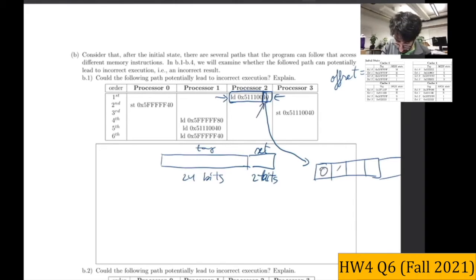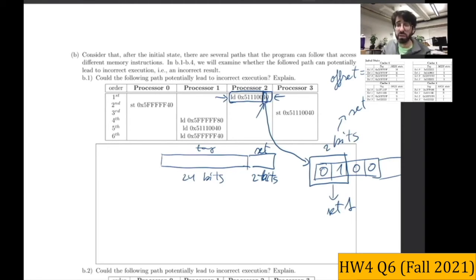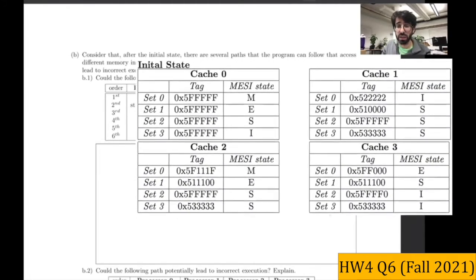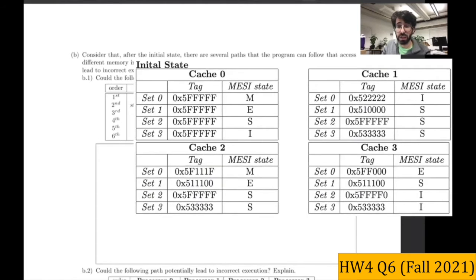This is basically 1, 0, 0, 0, and these first 2 bits are the bits that represent the set. So basically we are in set 1 here. Okay, let's check. So set 1, and we are accessing in processor 2.